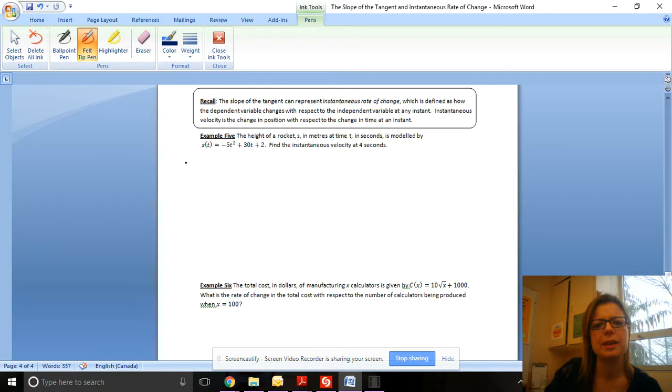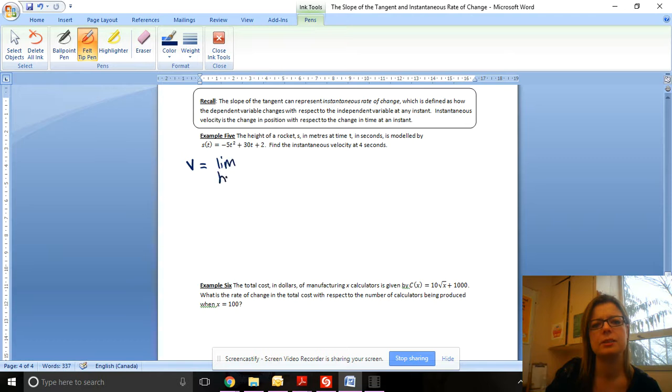So we could say that its velocity is equal to the limit as h approaches 0 of, okay, so we're going to put 4 plus h in for all the t's.